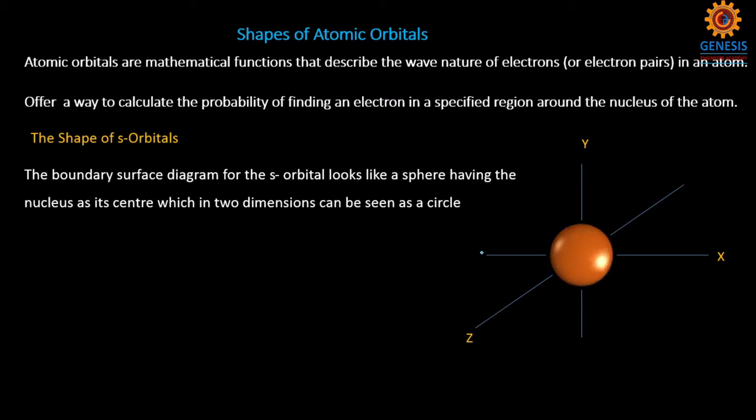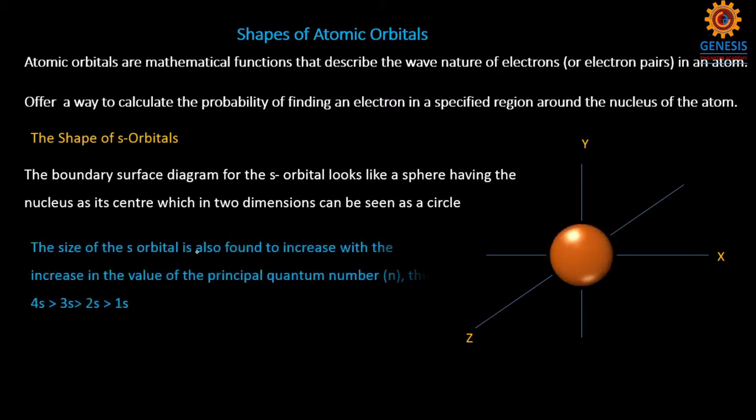Now the size of the s orbital is found to increase with the increase in the principal quantum number. Suppose this is 1s, where this is the principal quantum number and this is the orbital.